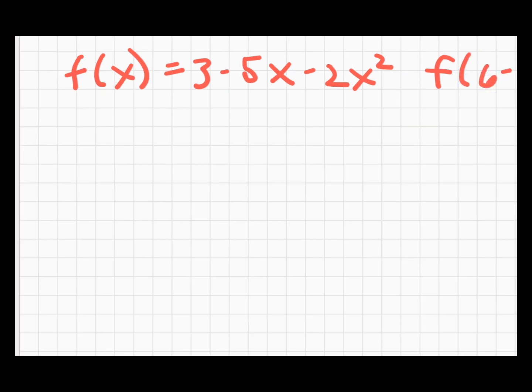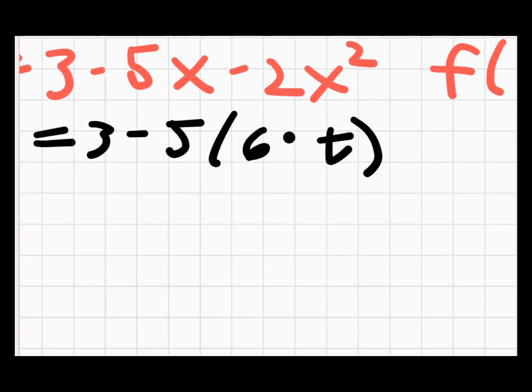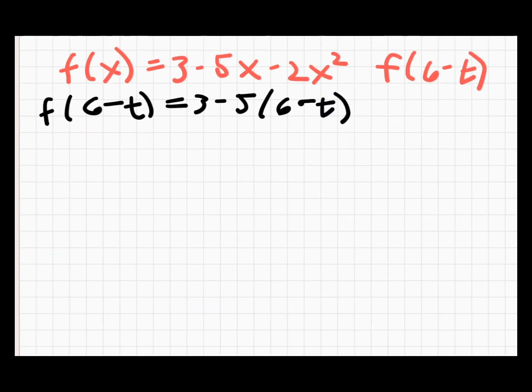Another example, the function f of x equals 3 minus 5x minus 2x squared. Find f of 6 minus t. So we'll just plug in 6 minus t.